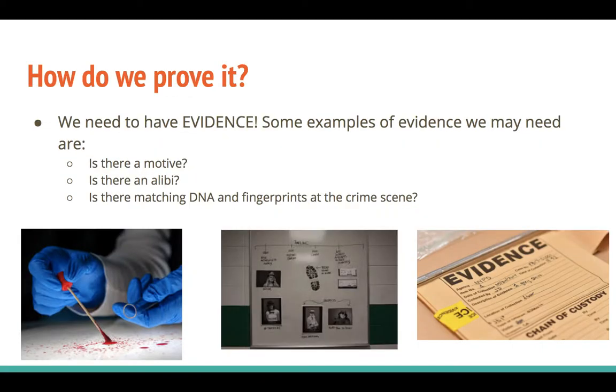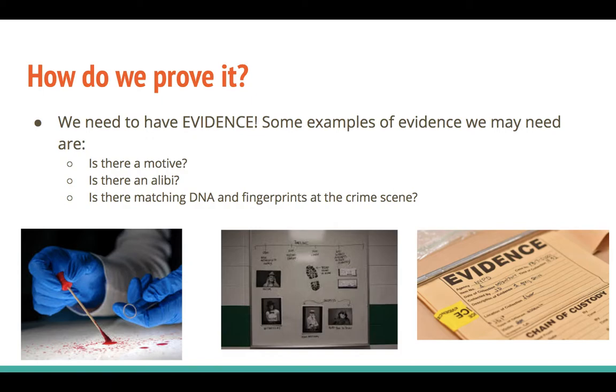So how do we prove it? We need to have evidence, and it needs to be concrete evidence. So some examples of evidence we may need are: is there a motive for the murder? So does the suspect have a motive? Is there an alibi? Does the suspect have an alibi? And if you do not know what an alibi is, it is something or someone that confirms the suspect was not present at the crime scene when it happened.